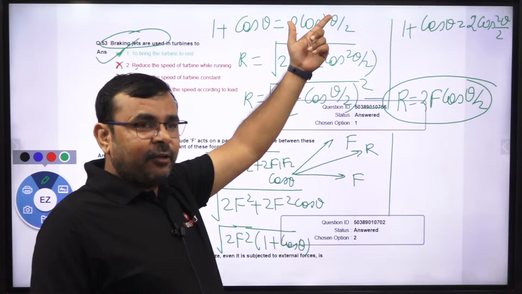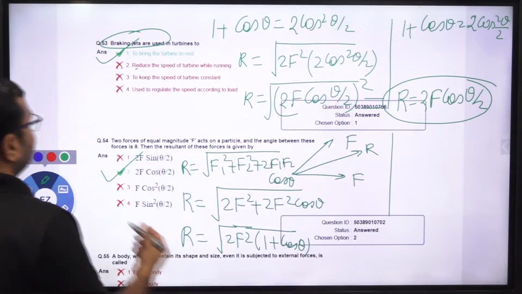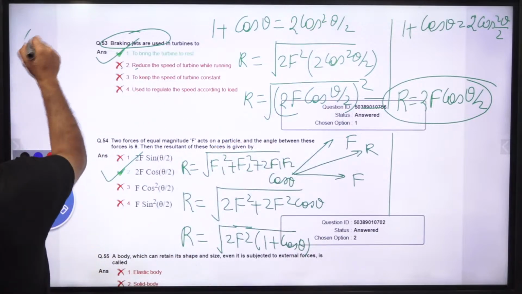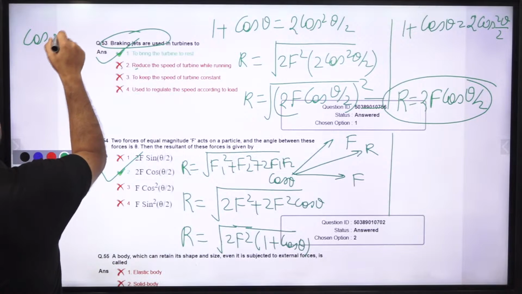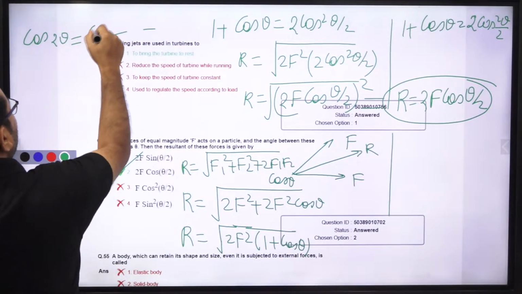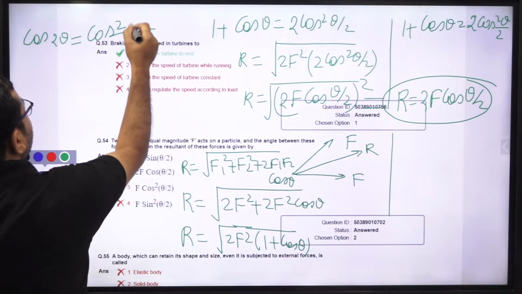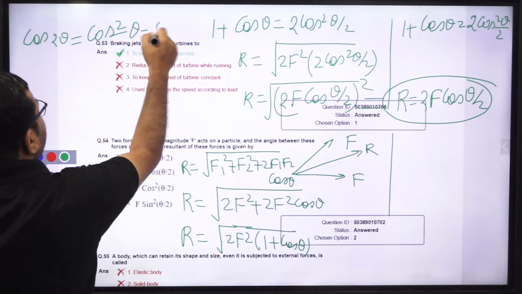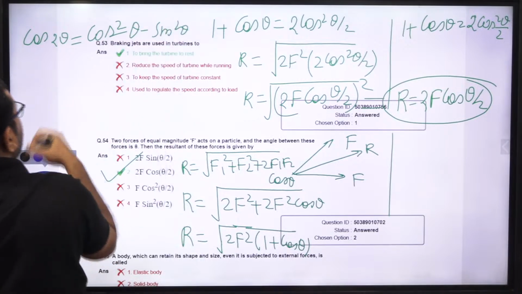Yes or no? Simple trigonometric relation. And which relation is it? So you know cos 2 theta can be written as cos square theta minus sin square theta. Yes or no?